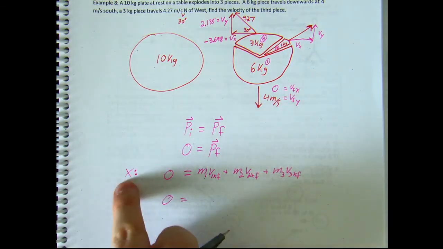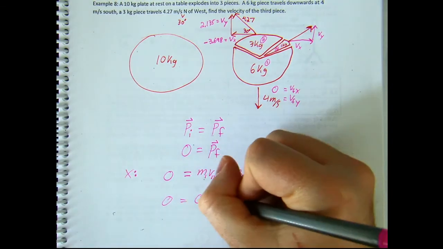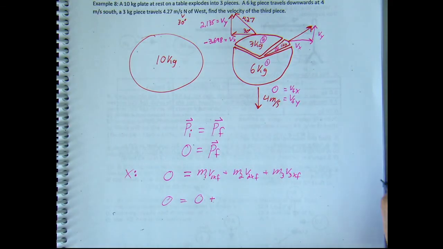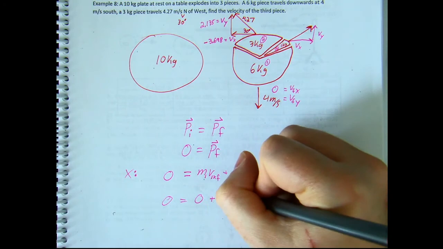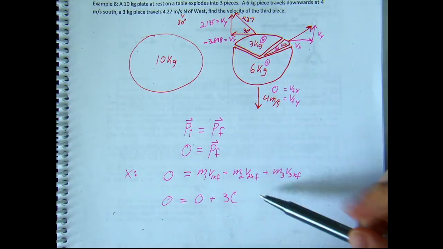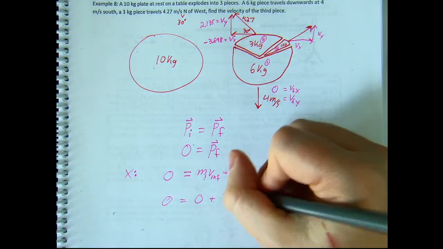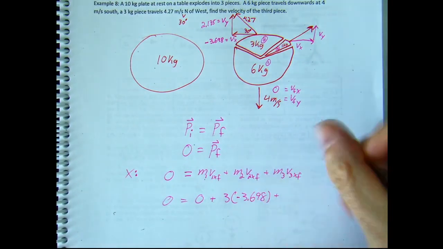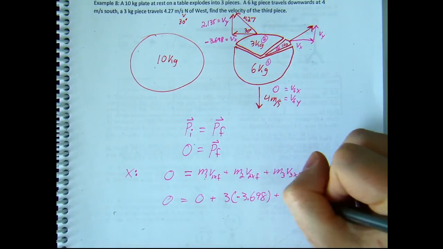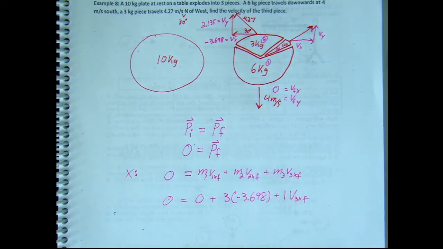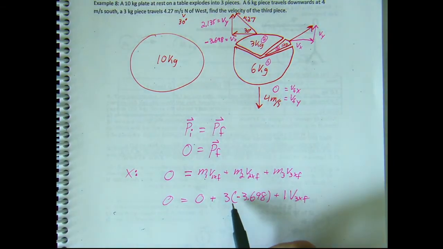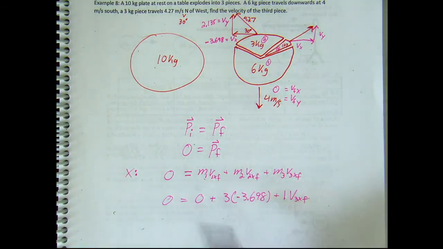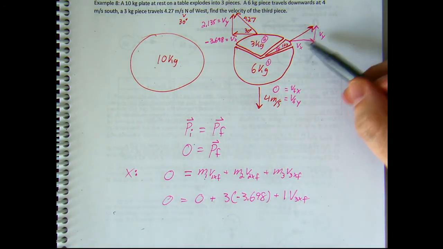We're in the x section, so it's going to be 0 plus my 3 kilogram piece times my x velocity, negative 3.698, plus my 1 kilogram piece, v3x final. We can see this is going to be negative, and we're going to add it over, which is going to give us a positive velocity, which it should based on our picture here.